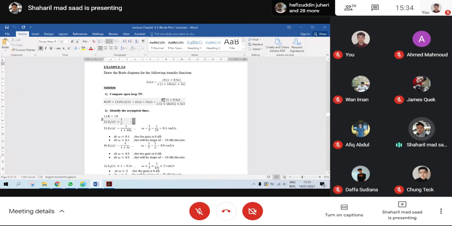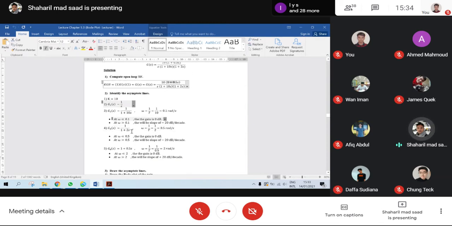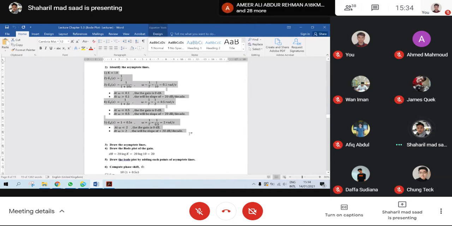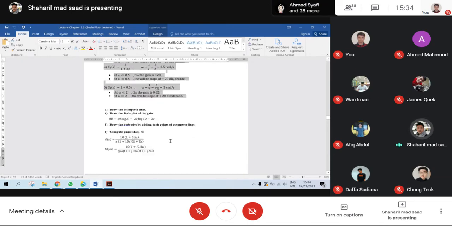So you have a K, and then 1 plus Ts, then 1 over s, and 1 plus Ts, 1 plus Ts, and so on. That means there are 5 asymptotes that you need to draw first, and then you approximate from the asymptotes. This is quite difficult to do.